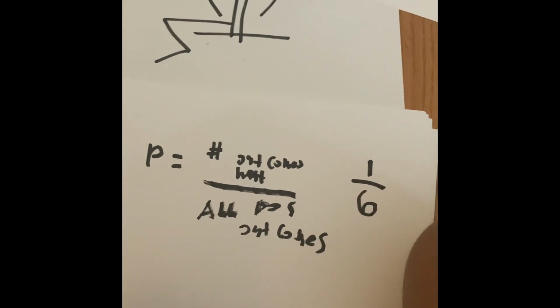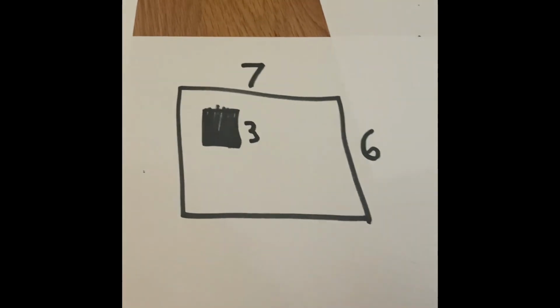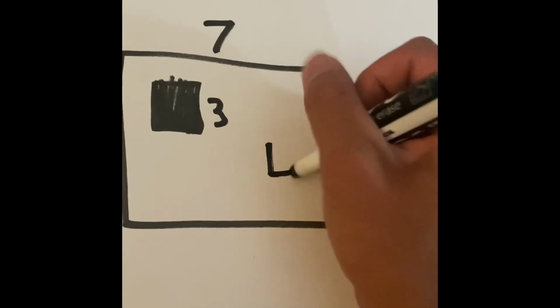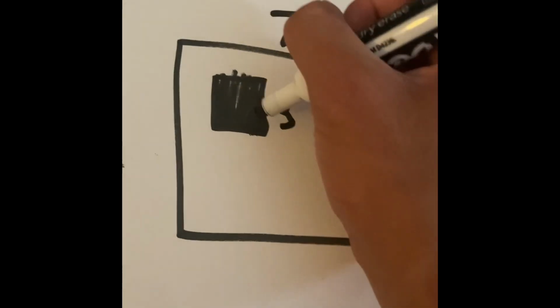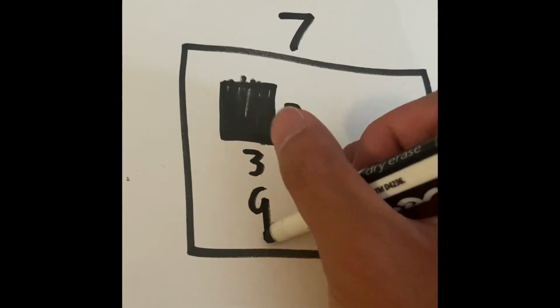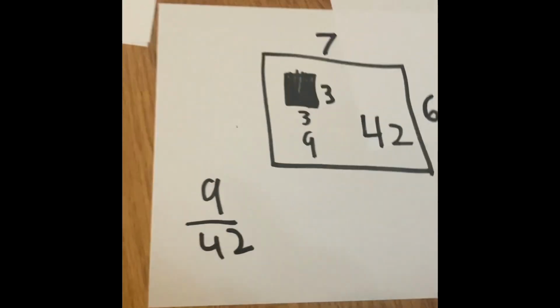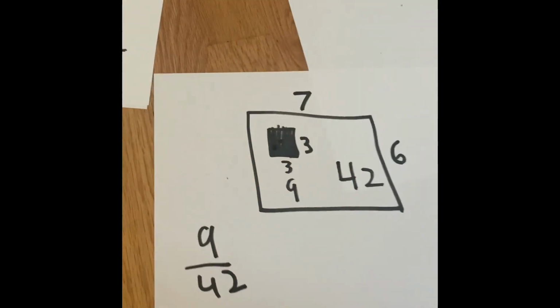Going back to our formula, P equals the number of outcomes I want divided by all possible outcomes, we'll have to calculate both of the areas. For the larger one, 7 times 6 is 42 units squared. The smaller one is a square, so 3 times 3 is 9. Therefore, we can say 9 over 42 is the chance of the arrow hitting the shaded area.